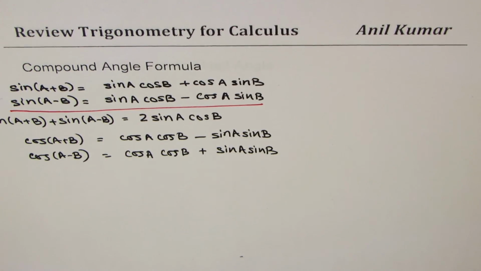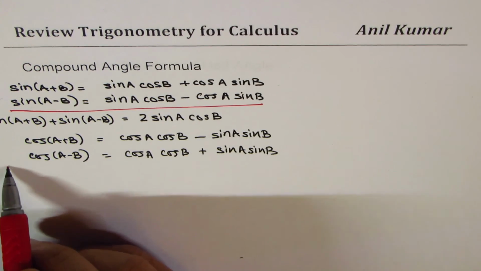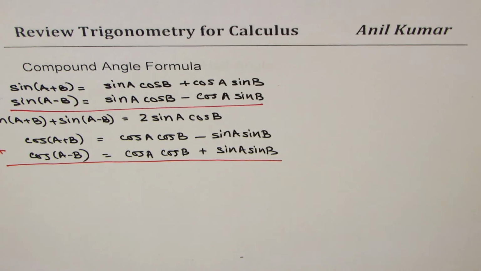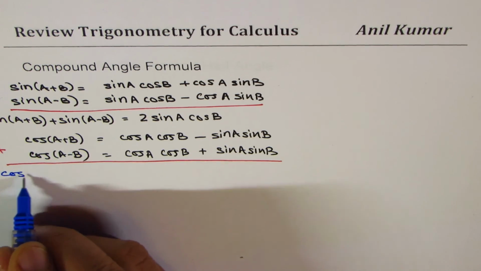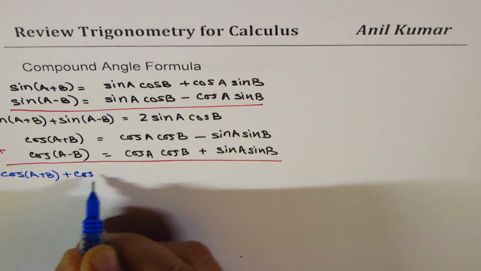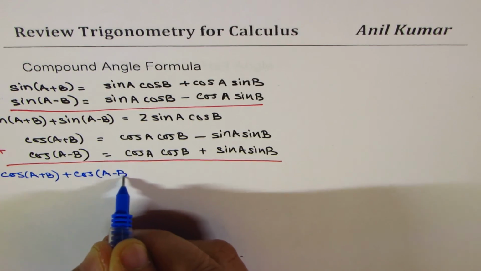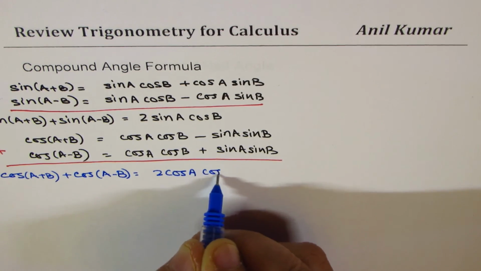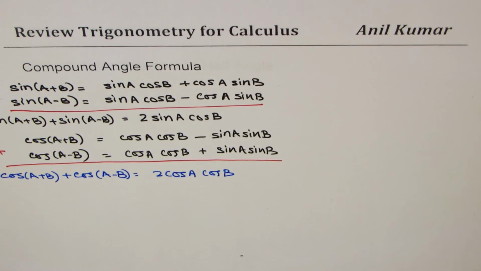And if you add these two, what do you get? Well, again, the last two terms cancel. And what you get here is cos of A plus B plus cos of A minus B equals 2 cos A cos B, right?